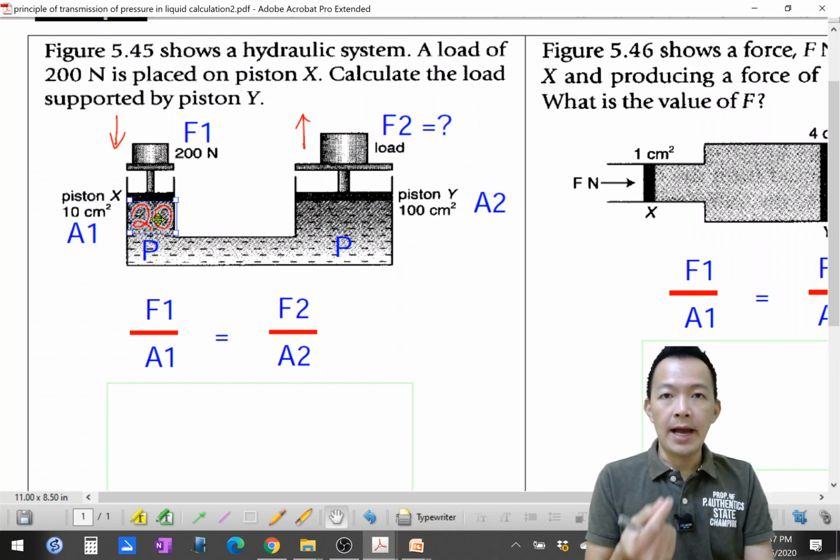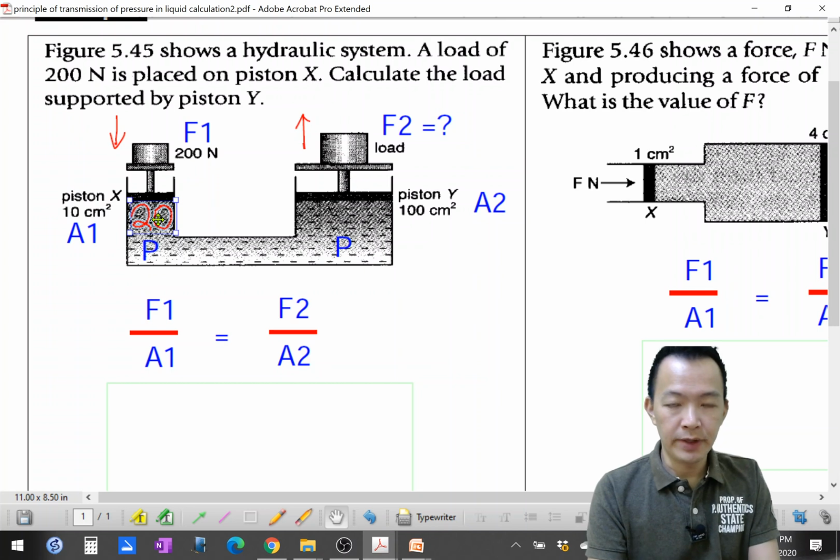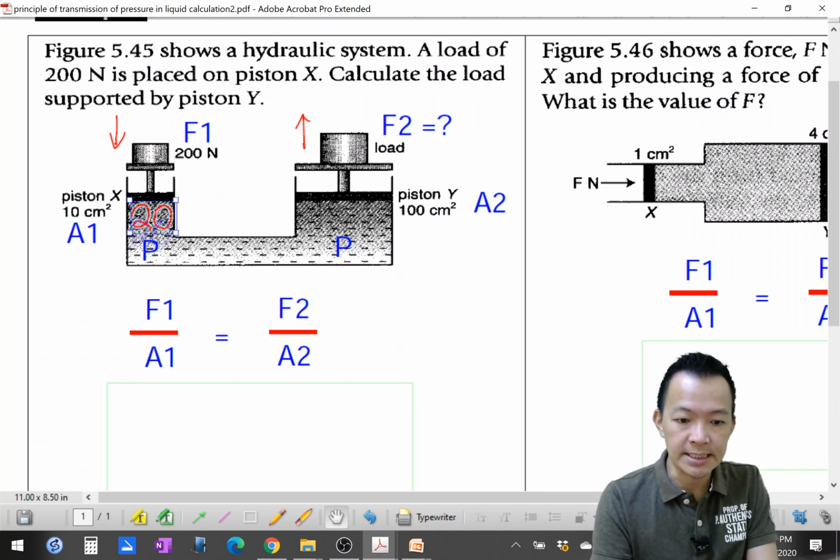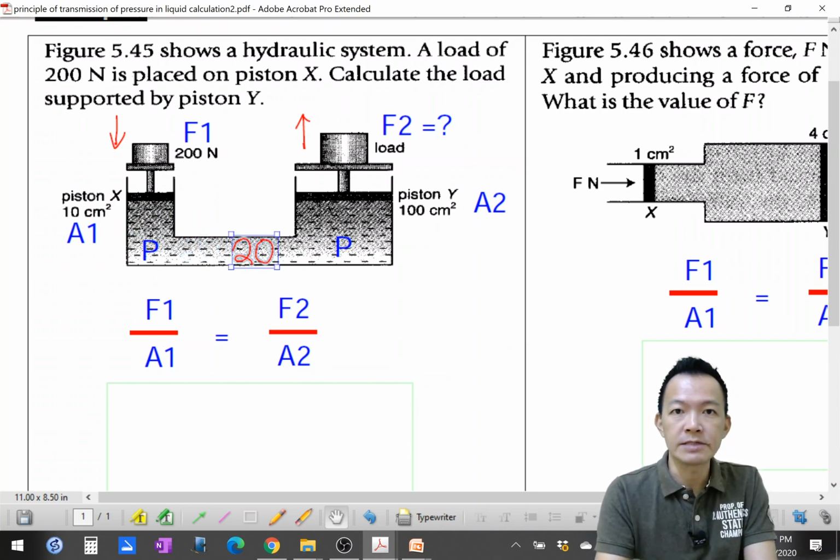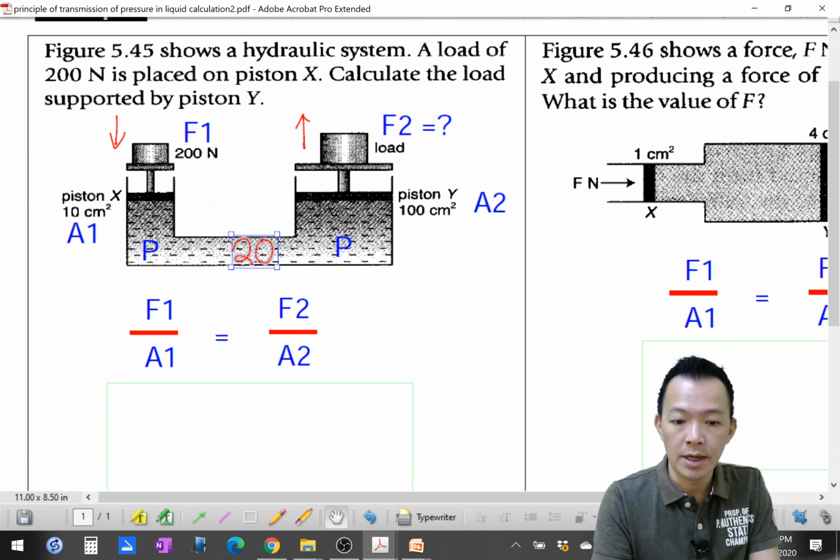But according to the hydraulic principle or Pascal principle, the principle states that in an enclosed system, 在一个封闭式的系统里面, the pressure exerted on the liquid will be transmitted equally and uniformly with the same magnitude to all the directions.